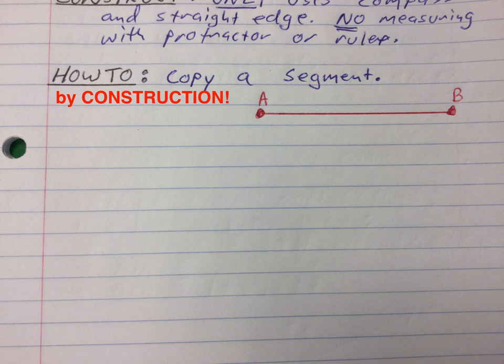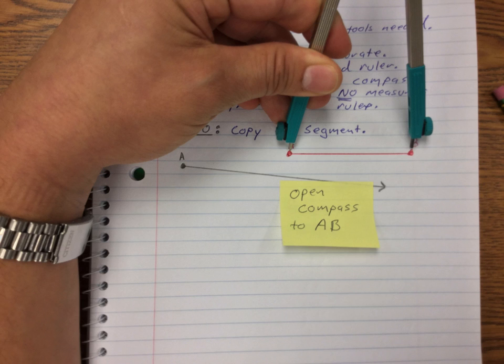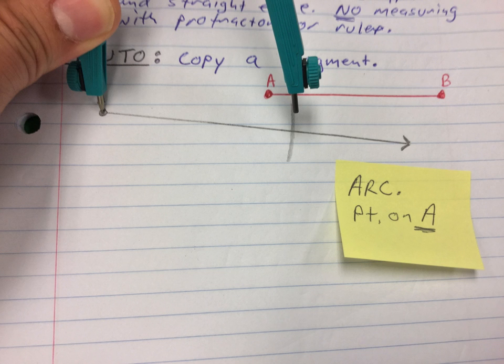So we're going to start with copying a segment by construction. Here I have a segment, I call it AB, and if I want to construct a copy, I'm going to start by drawing a ray. That ray has an endpoint, it's also called A, and then grab your compass. You're going to open the compass so that the point is on one point of the original segment, the pencil's on the other, and then you're going to slide over the point to A, and you're going to draw a short arc.